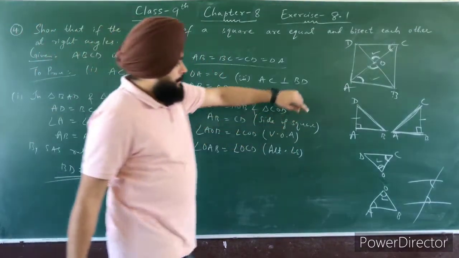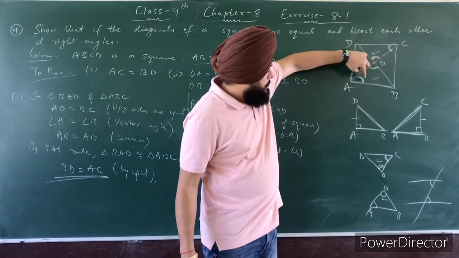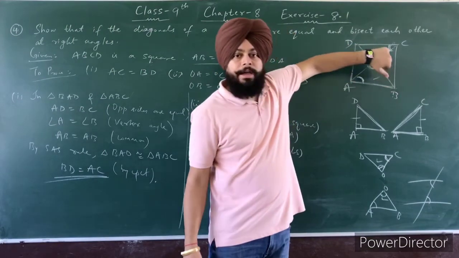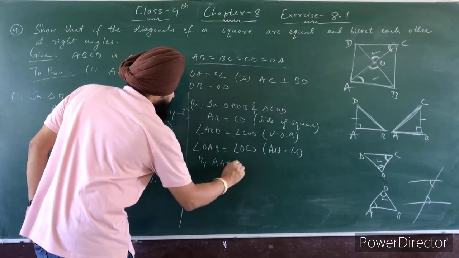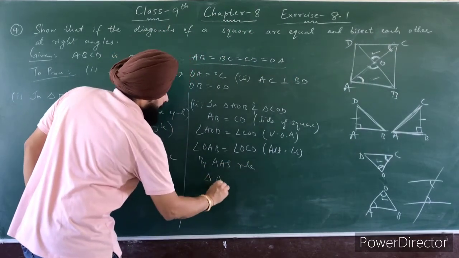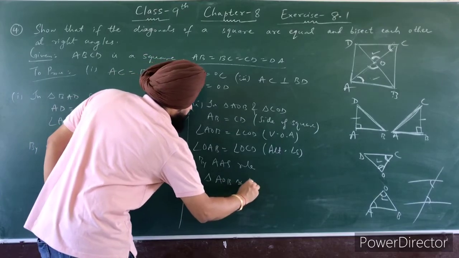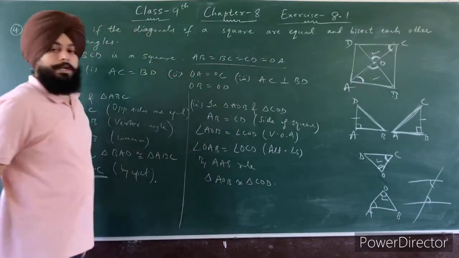So you can see here, we can take this angle and this side. So by AAS rule, triangle AOB is congruent to triangle COD.